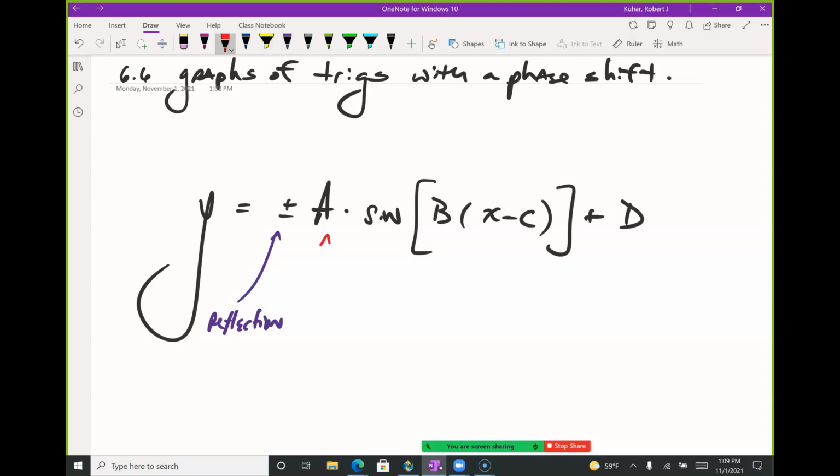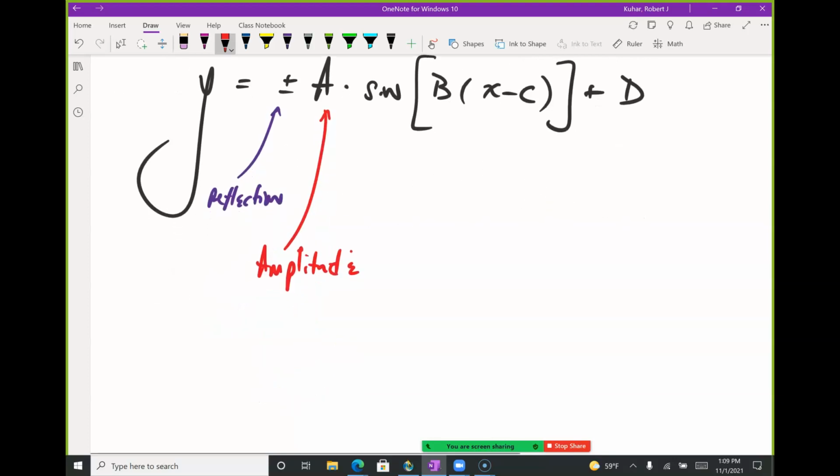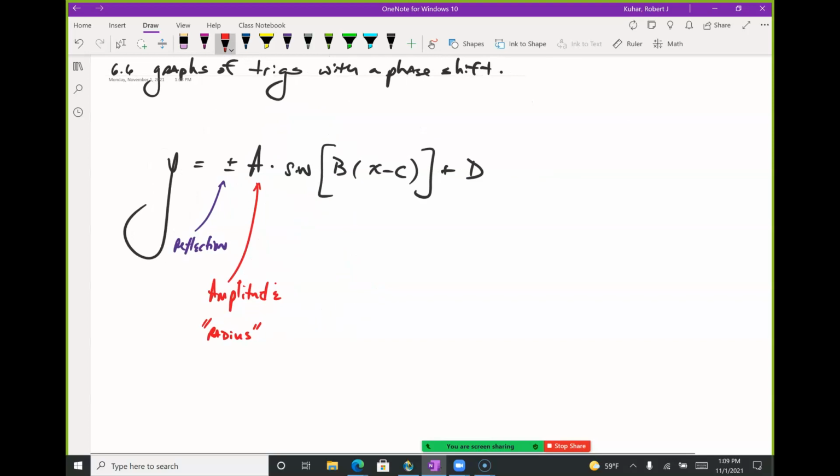A is called my amplitude. Amplitude, yes. It's easier to think of that as a radius. B is called the frequency. I like to think of that as the speed.